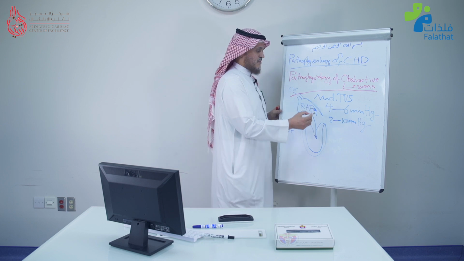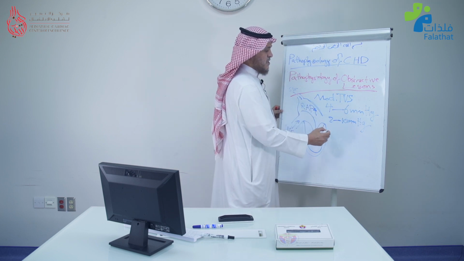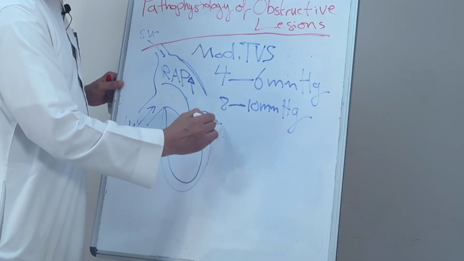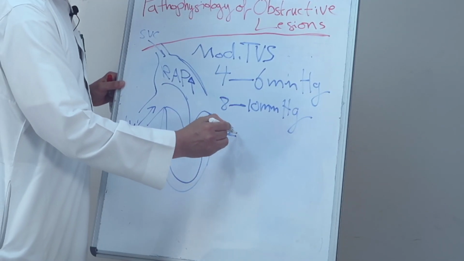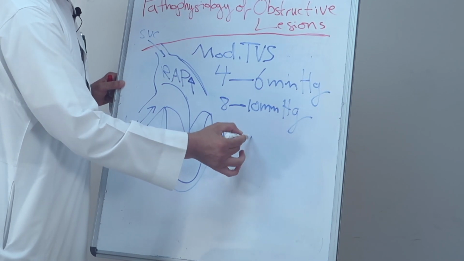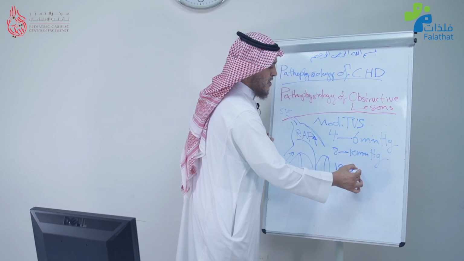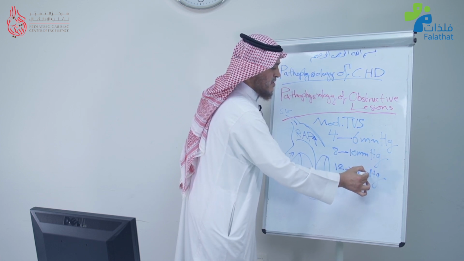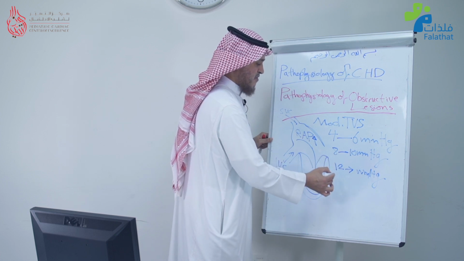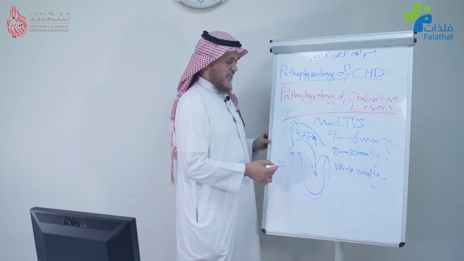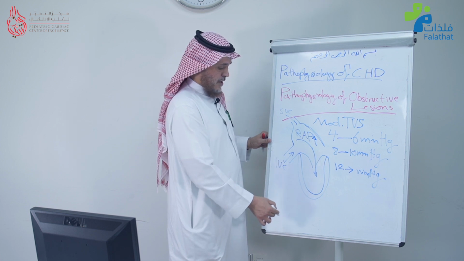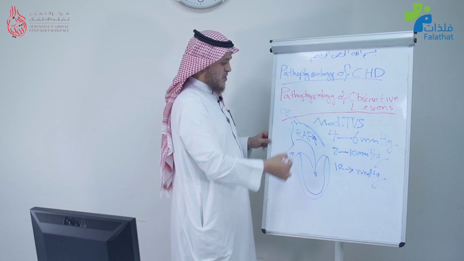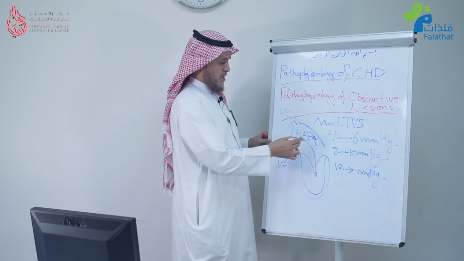Obviously, when it becomes severe tricuspid valve stenosis, then we are talking about RA pressure in the range of 12 and higher millimeter mercury. Again, see, the numbers are not that high, but a central venous pressure of 12 and above is quite high for the venous system to really come back normally from the head and neck, arms, and the body back to the right atrium.